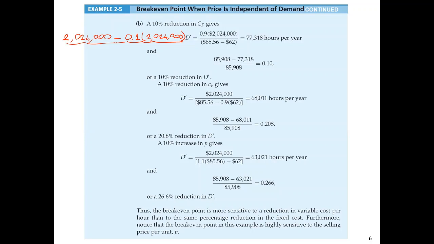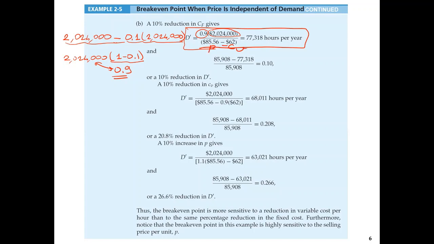And simply, if you take this in parentheses, it is 1 minus 0.1. So 10% reduction simply means multiplying this value by 0.9, right? So in this calculation now, we multiply the fixed cost by 0.9, divided by P minus CV.